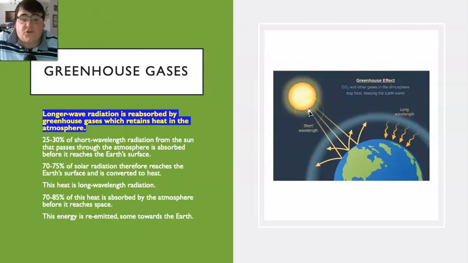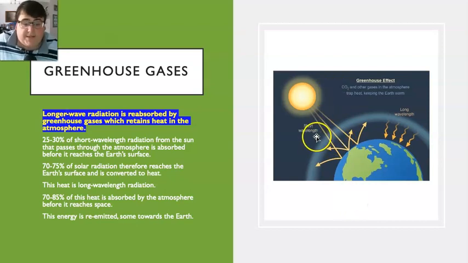25 to 30% of the short wavelength radiation that comes from the sun and passes through our atmosphere is actually absorbed before it reaches Earth's surface. So we already start to lose some of the energy as it moves through the atmosphere. 70 to 75% of the solar radiation therefore reaches Earth's surface and is converted into heat in the Earth's surface. That heat is now long-wave radiation.